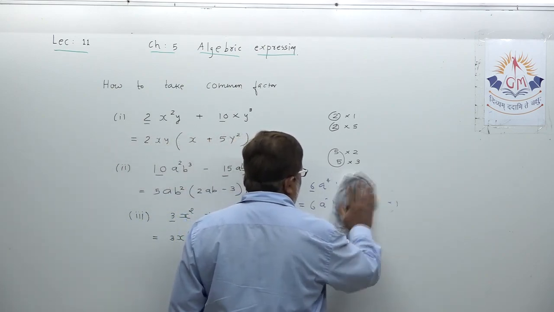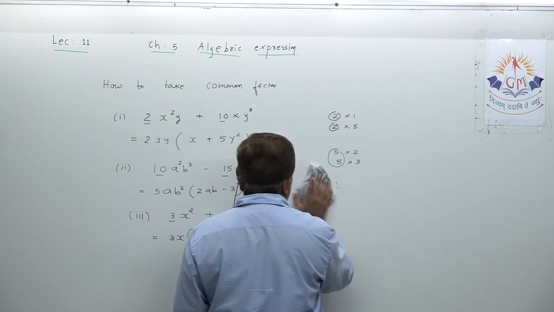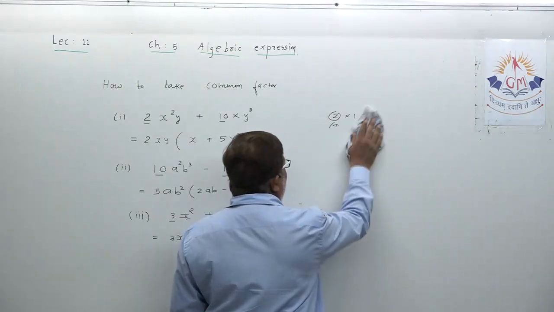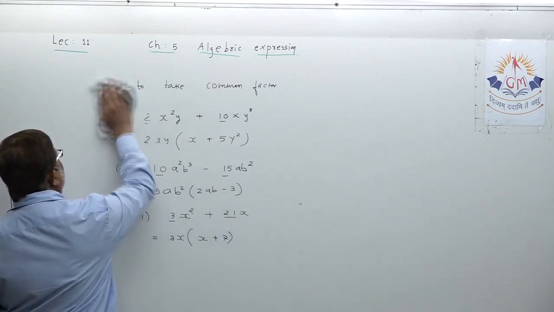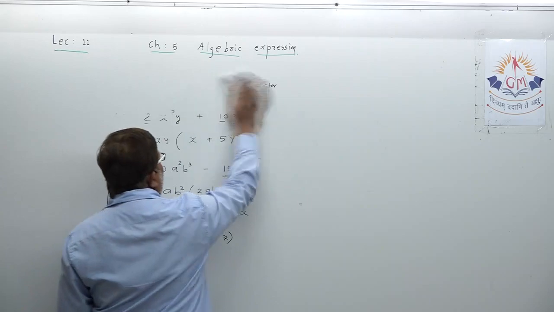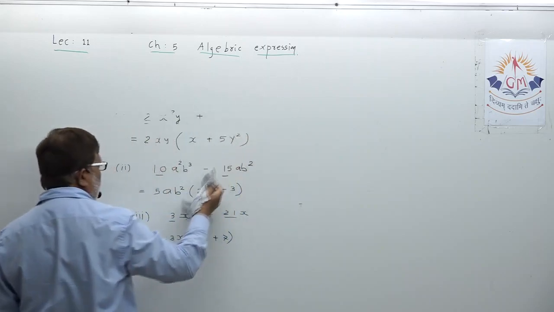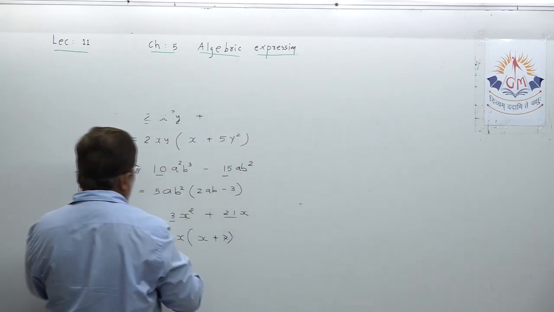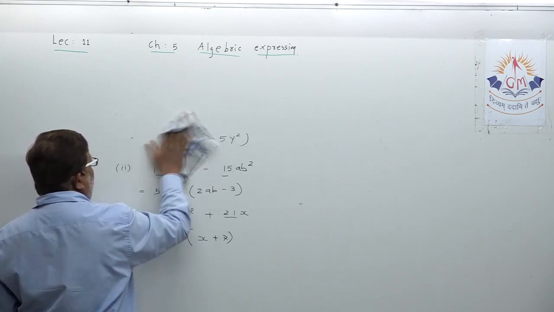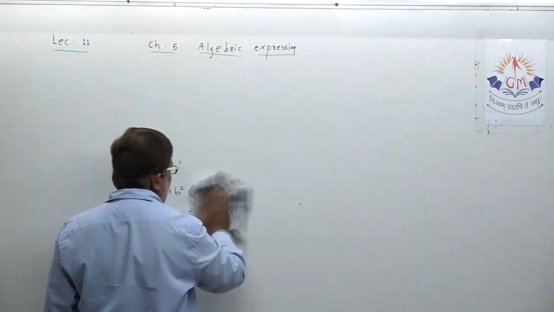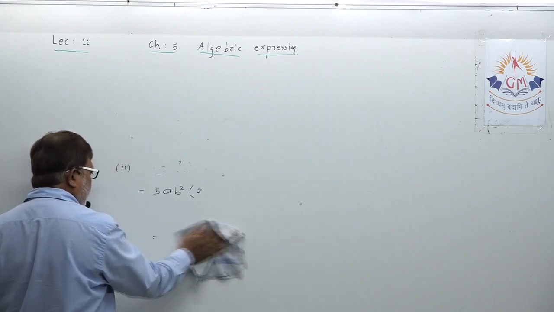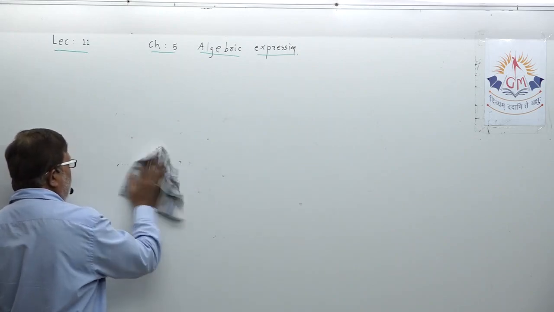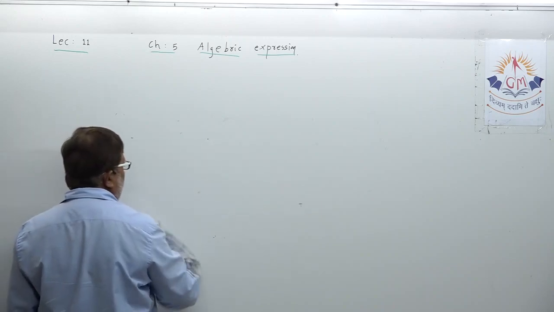I am explaining to you now compound factorization. I just taught you how to take out common, which is very important for you to understand. Now we are concentrating on compound factorization, which actually involves application of this only.